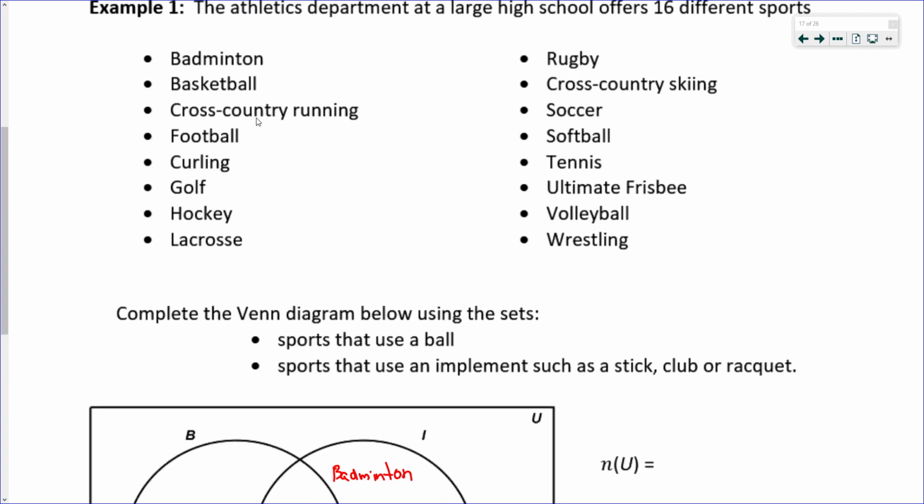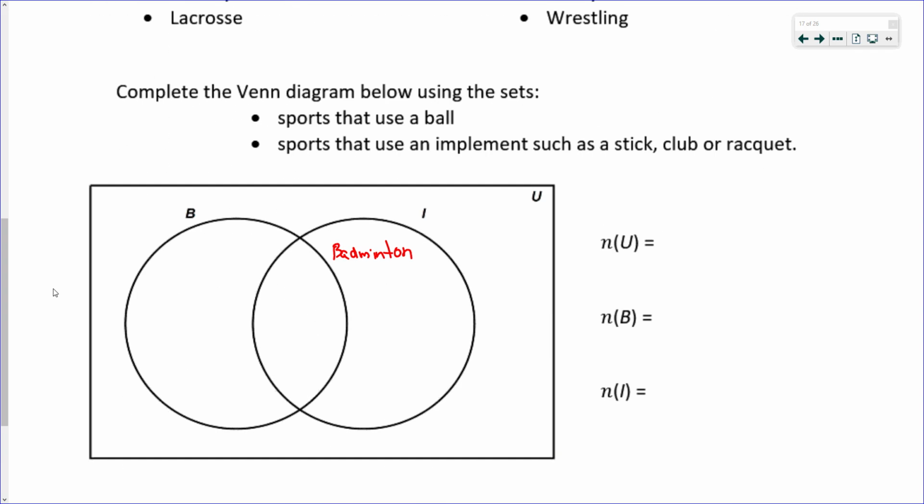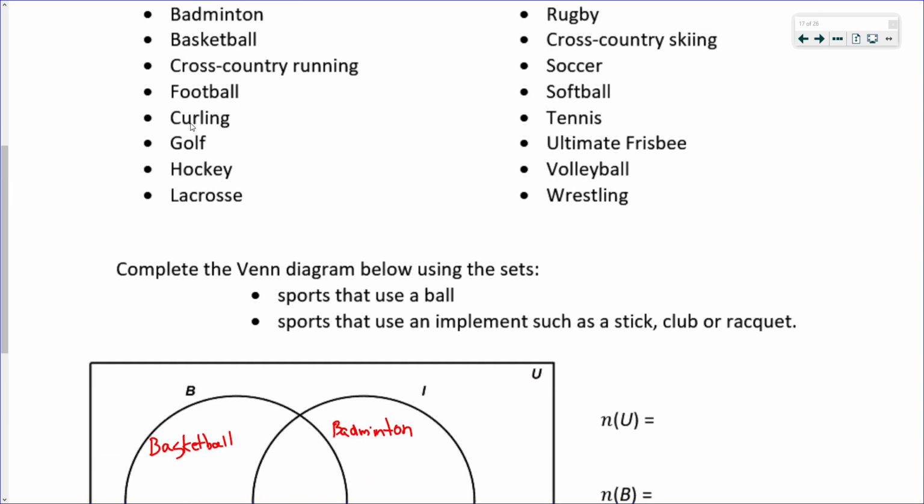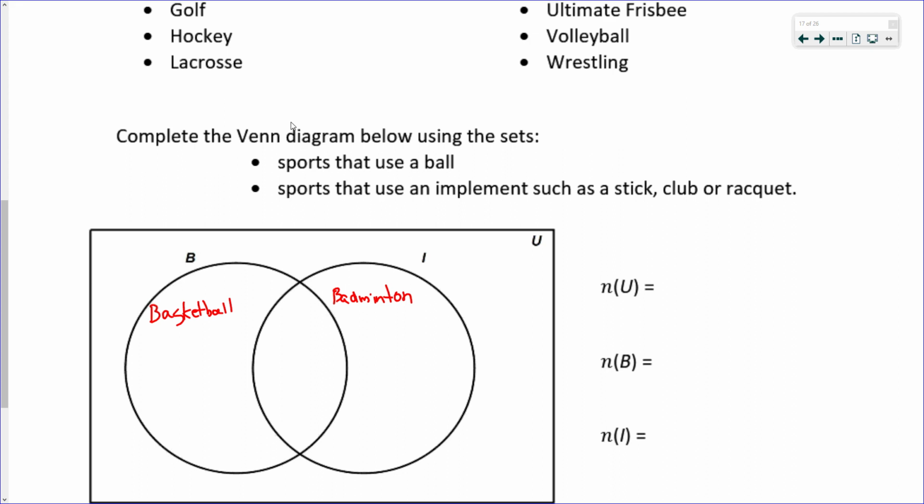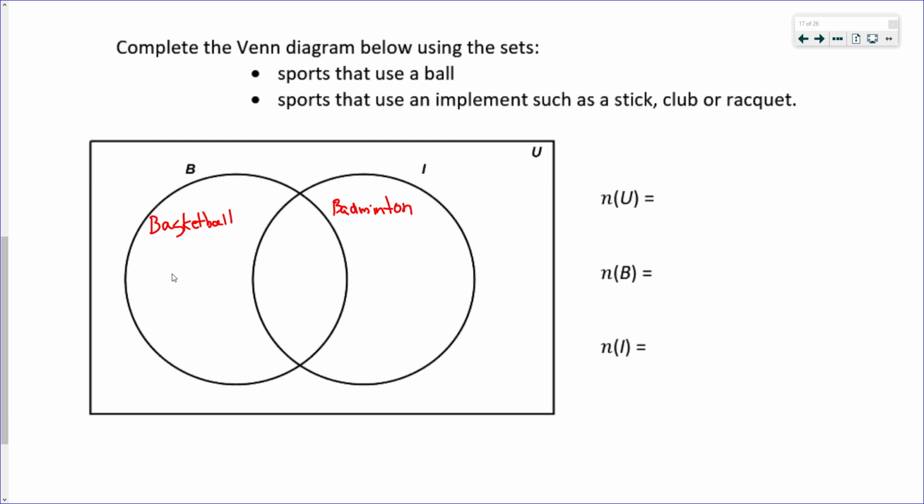Okay, the next one we have is basketball, which would just use a ball. So it goes in the B set. Next one is cross-country running. So cross-country running uses neither, and so that one's going to go on the outside.